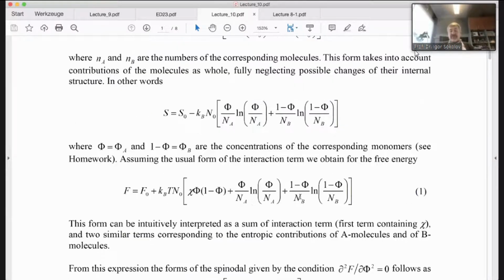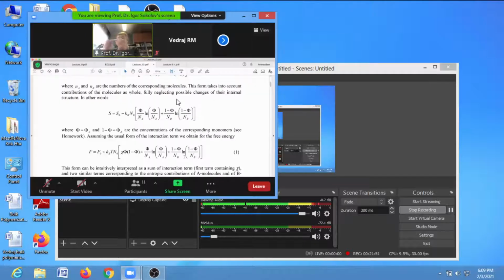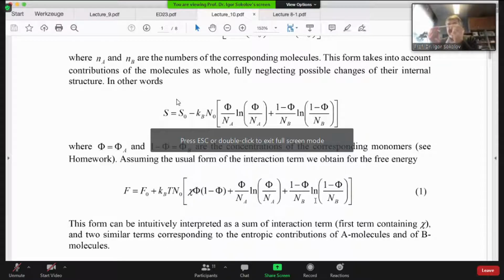If N_A is equal to N_B, the minima are symmetric. And in order to find the binodal, you need to find a line which is tangent to this function at the 2 points, at the 2 minima.